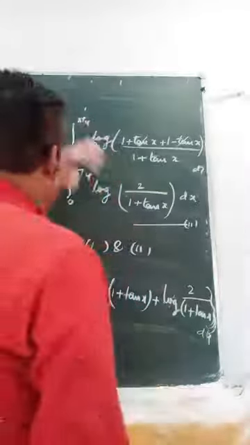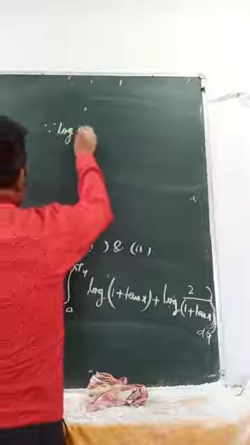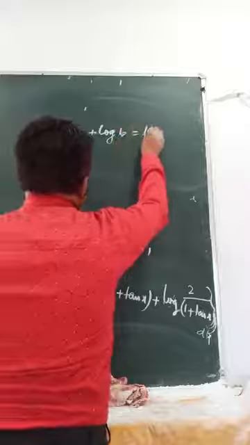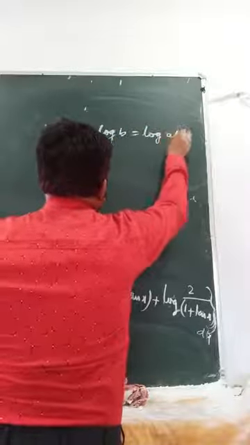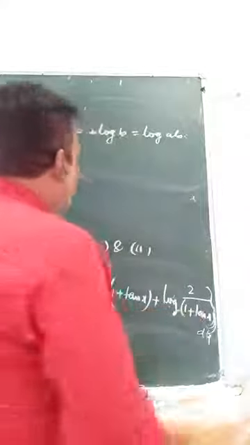So you can use log a plus log b equals log ab, where ab means a into b.